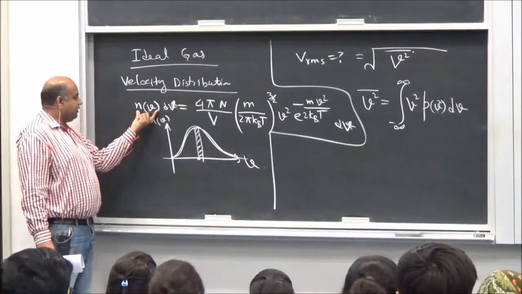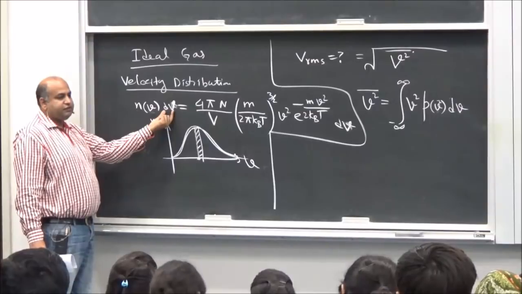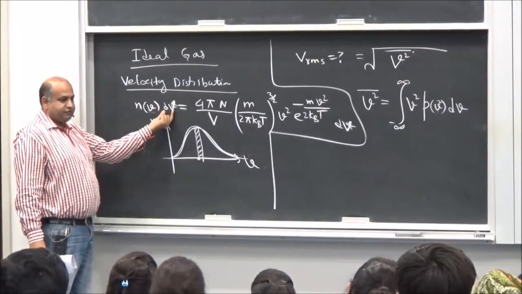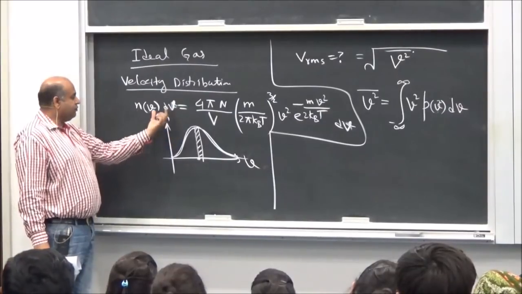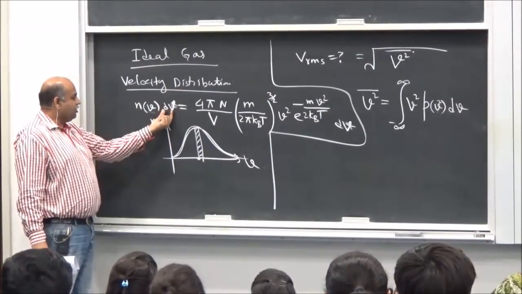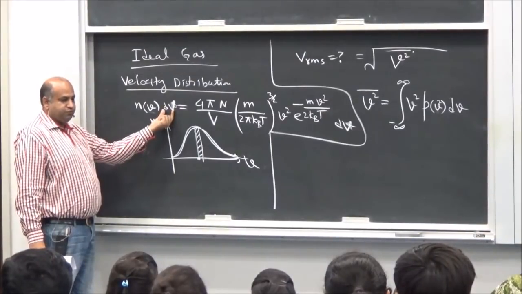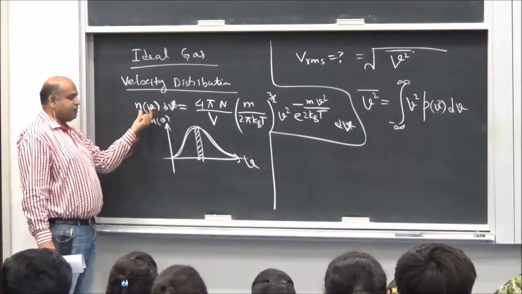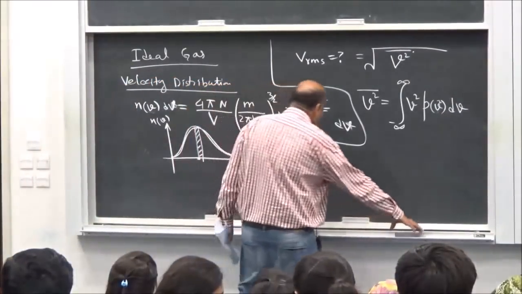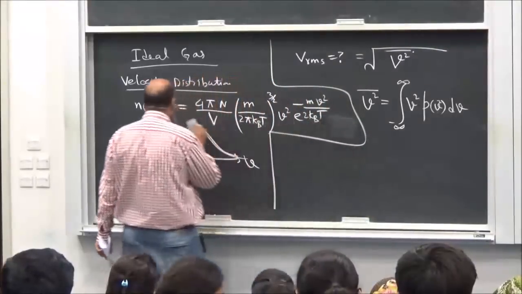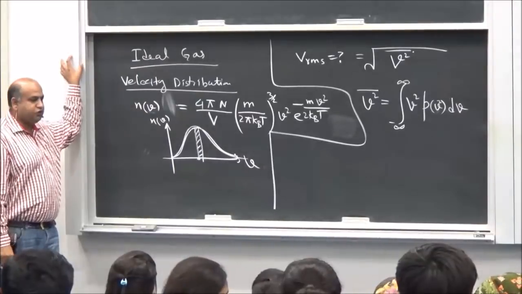Okay? So if you multiply it with a small volume element, you get the total number of particles in that volume in a given velocity band. If you multiply with a small velocity band, you get total number of particles per unit volume, because the velocity part is multiplied. But to remove confusion, we can just stick with this. That's even better. So this is the number of particles per unit volume per unit velocity.